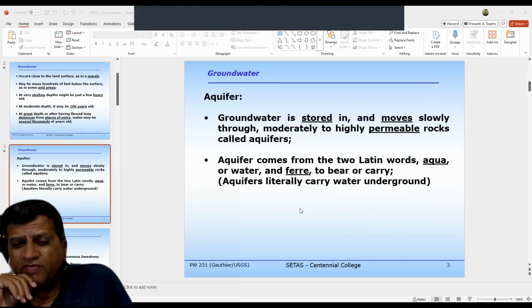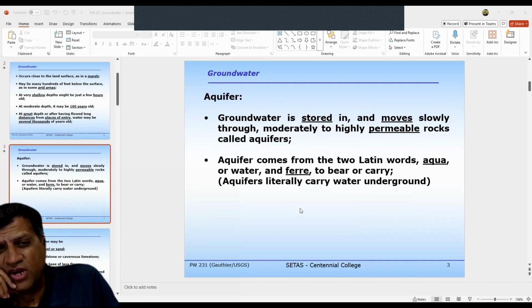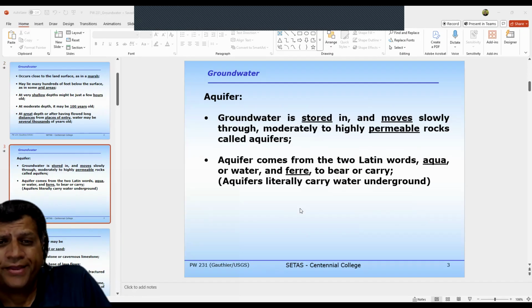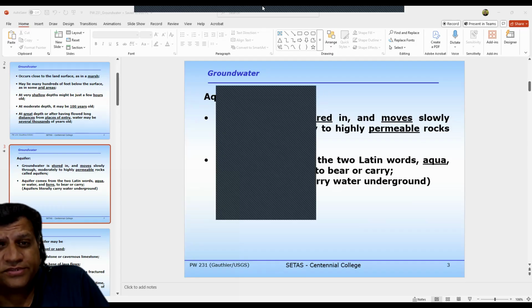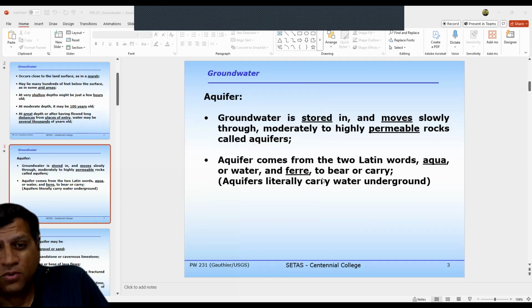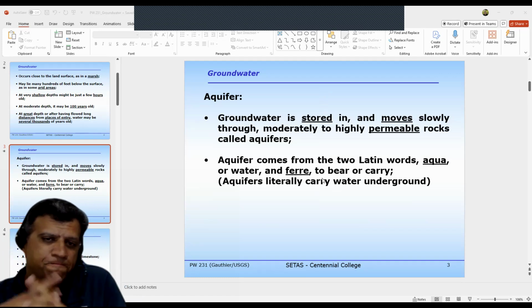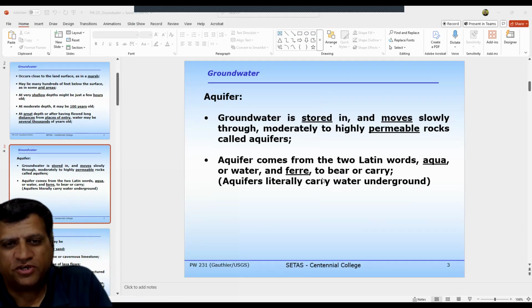So coming back to some definitions, an aquifer is groundwater stored in and flowing slowly through moderately to highly permeable rocks called aquifers. Yeah, Aiden, that is true. Some of the water is millions of years old. The people who came up with the term, I suppose they spoke Latin, so it comes from the terms aqua and ferre.